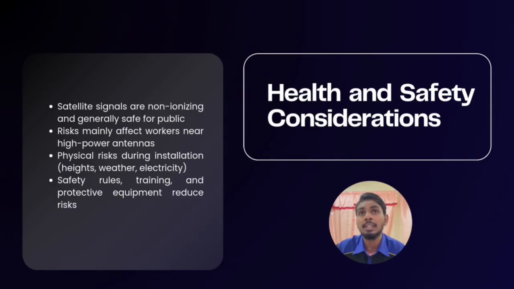Meanwhile, physical risks can also occur during installation, especially when working at high heights or during bad weather. To reduce these risks, proper safety training, protective equipment, and strict regulations are implemented, such as training workers on how to wear harnesses and PPE while doing the work.